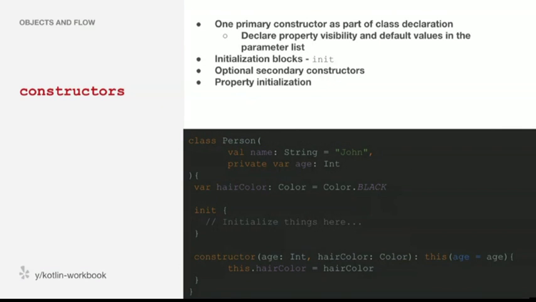So you see there's no val or var, there's no visibility declaration or anything. This is the nice little feature of Kotlin with the named parameter for the function. And so we're passing the age into the primary constructor using the default value of the name. And then since we were provided a hair color, we set our property hair color to what was passed in.